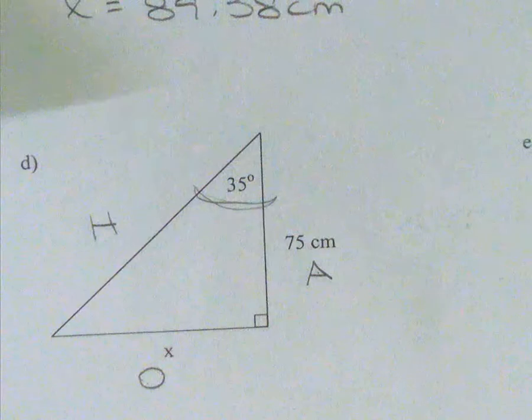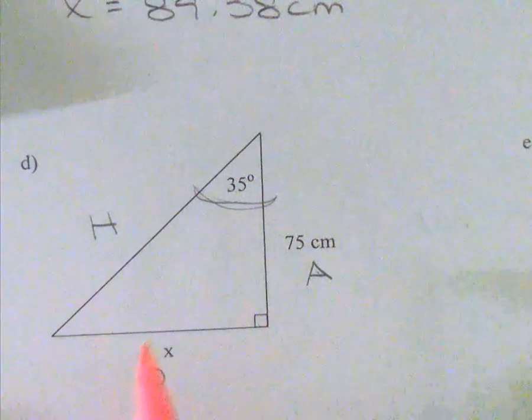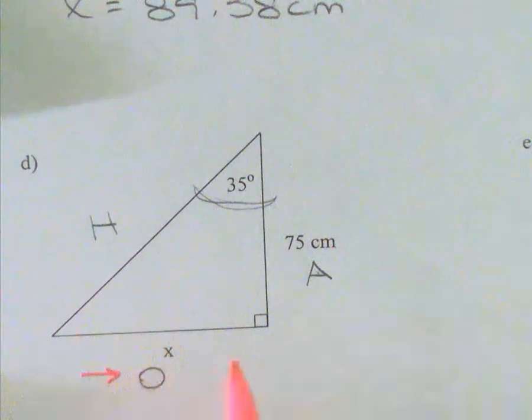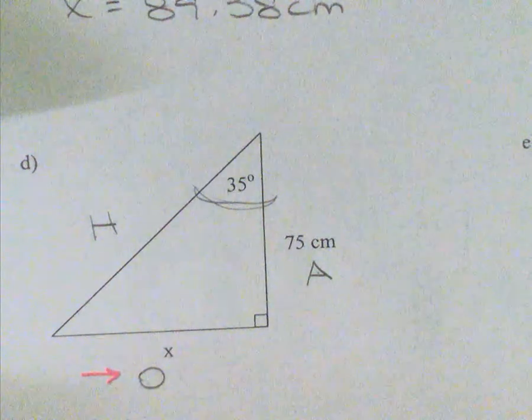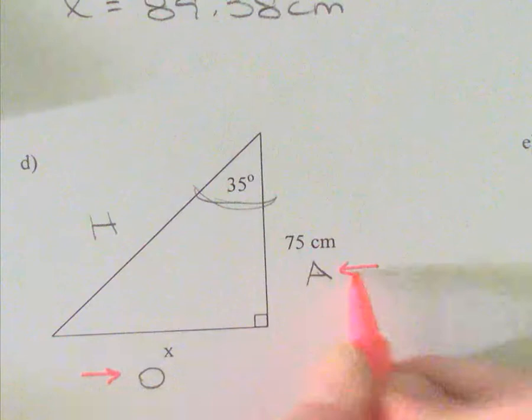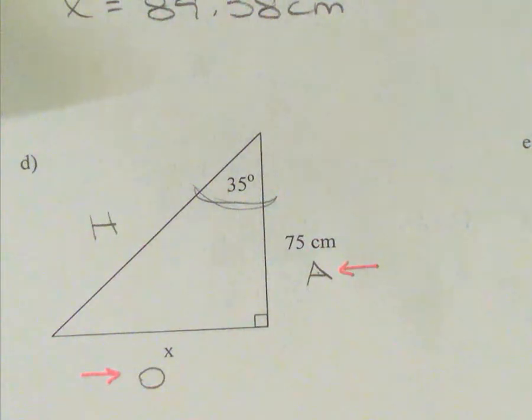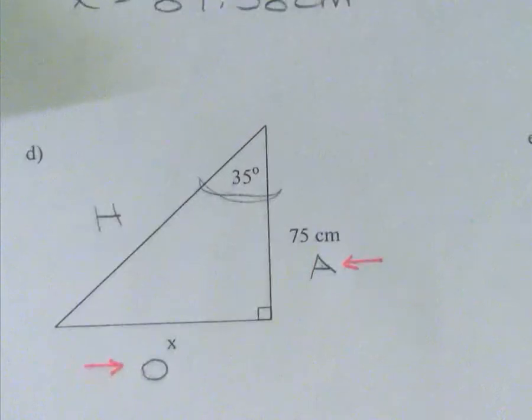I need a ratio that uses both opposite, because there's nothing on the hypotenuse side, I don't worry about it, and adjacent. So I think SOHCAHTOA, opposite and adjacent would be my tan ratio.